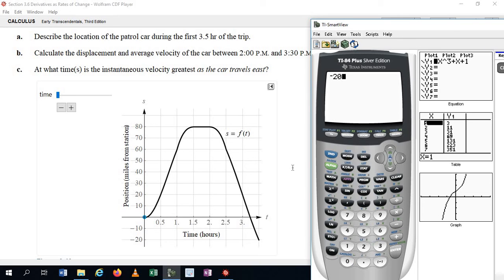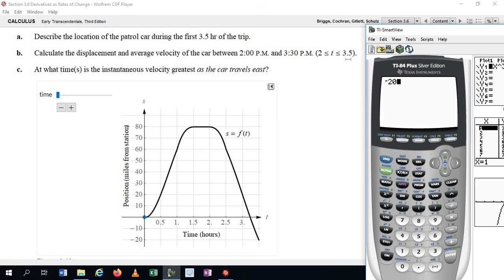By the way, you always do final position minus initial position to get displacement. So its final position would be where the object is located when t is equal to 3.5. That's -20. So it's at -20 on the number line, right?